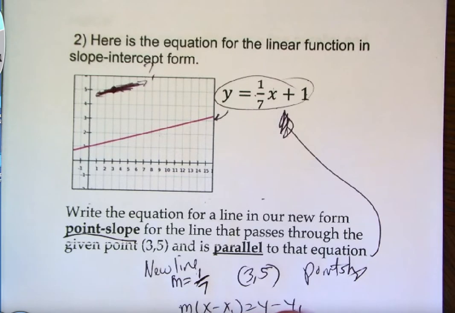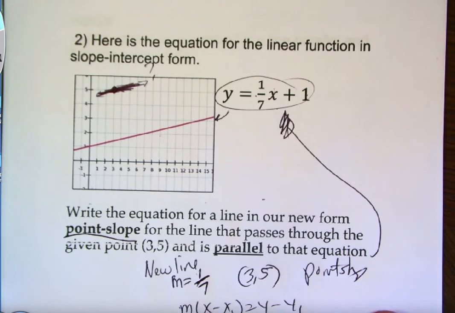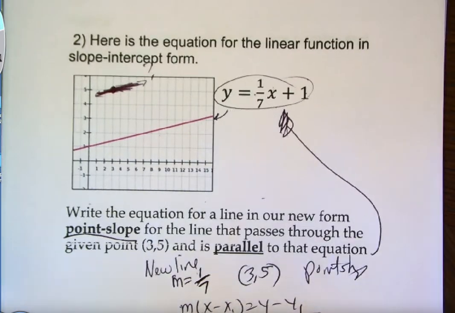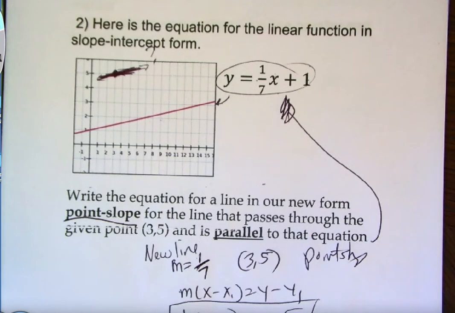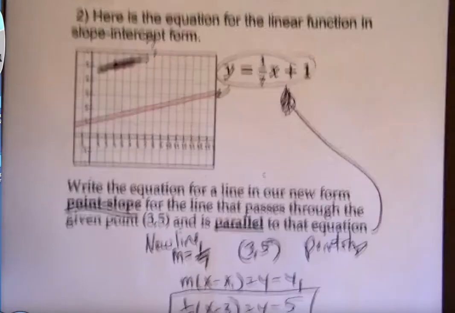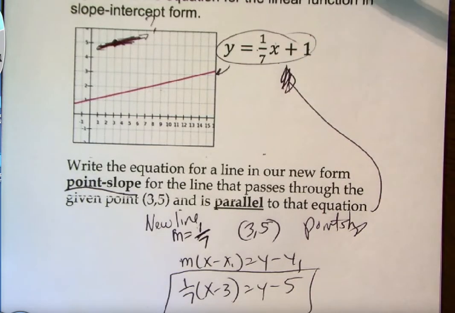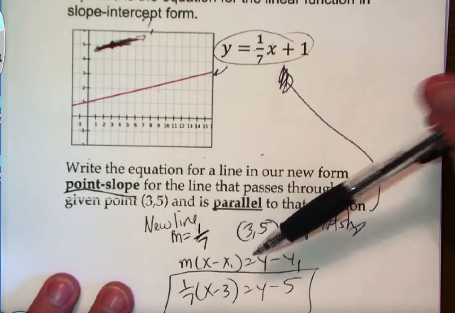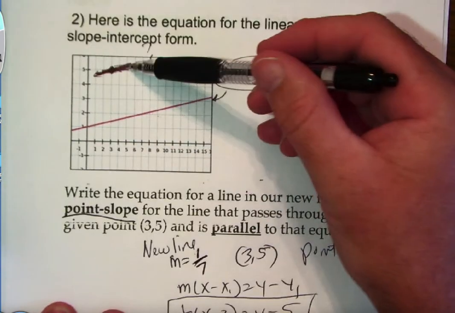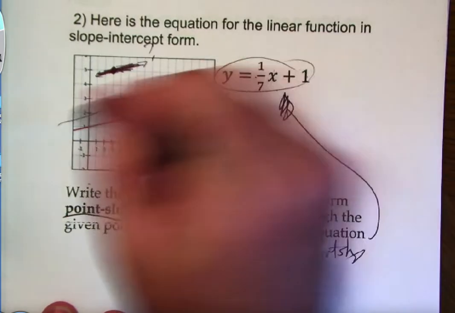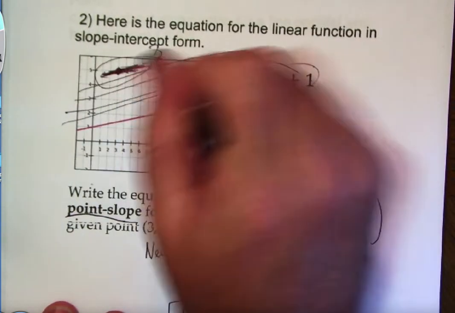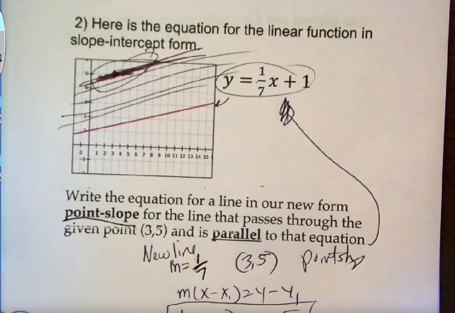So 1/7 times x minus 3 equals y minus 5. So we now can write the equation for any line parallel to another line. Not just any old ones, but we're going to be real specific. I'm going to give you a point, and you have to write the equation for that specific line. Not any line like we did up there, but this one right here that goes through 3,5.